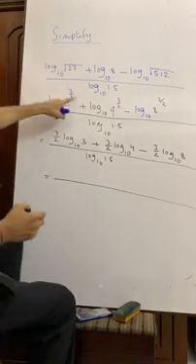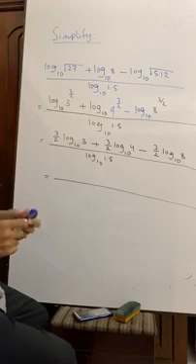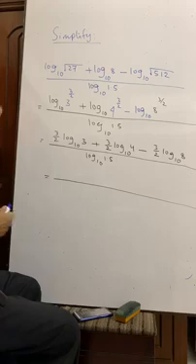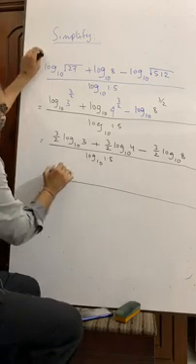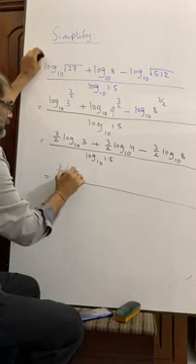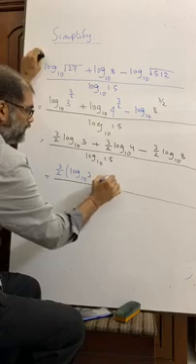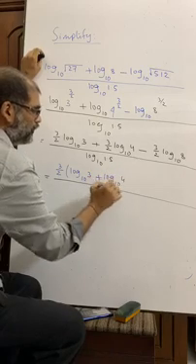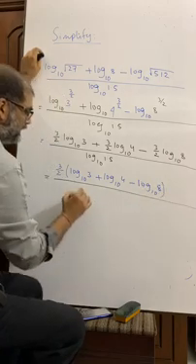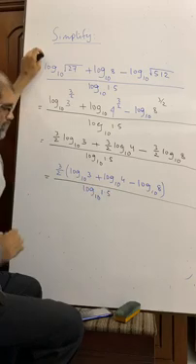You know, if it is power, then it becomes the coefficient of log, right? Now 3 by 2 in the numerator, we have 3 by 2. 3 by 2 can be taken common here to get log 10 base 3, log 10 base 4, log 10 base 8, and here it is log 10 base 1.5.